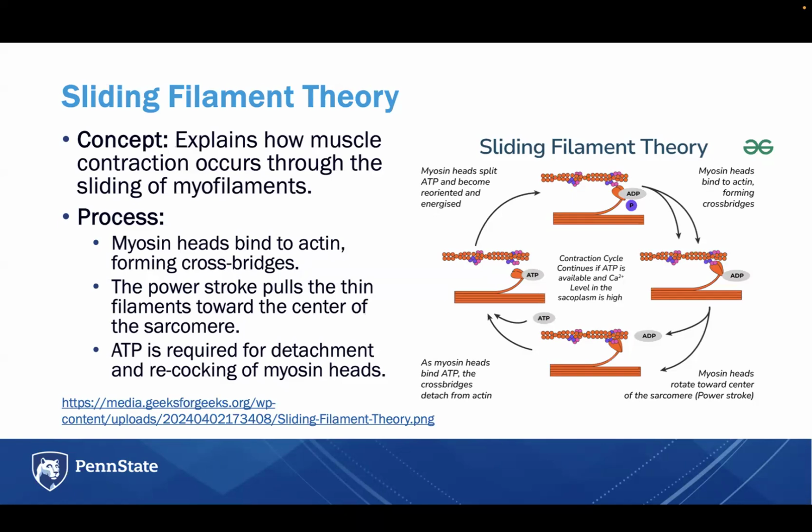They shorten as the overlap between the thick and thin filaments increases. The A band really does not shorten at all. It is the band that doesn't change length because it has thick filaments, which do not slide.